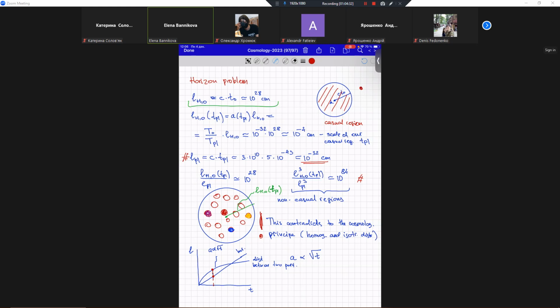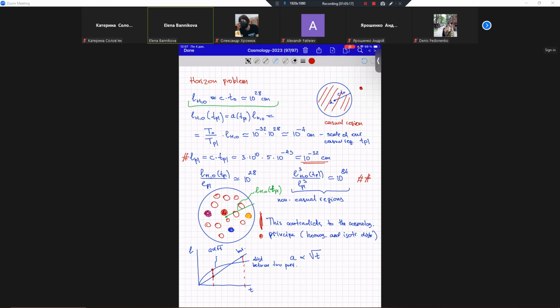We can see in advance that the cosmological horizon for some period should be less than the distance between two particles, because the law of change with time is different. It means that really we need to have non-causal regions in the past, and with the numbers we could see that there are a lot of them. For the future, the horizon becomes bigger than the distance between particles, so everything is okay.